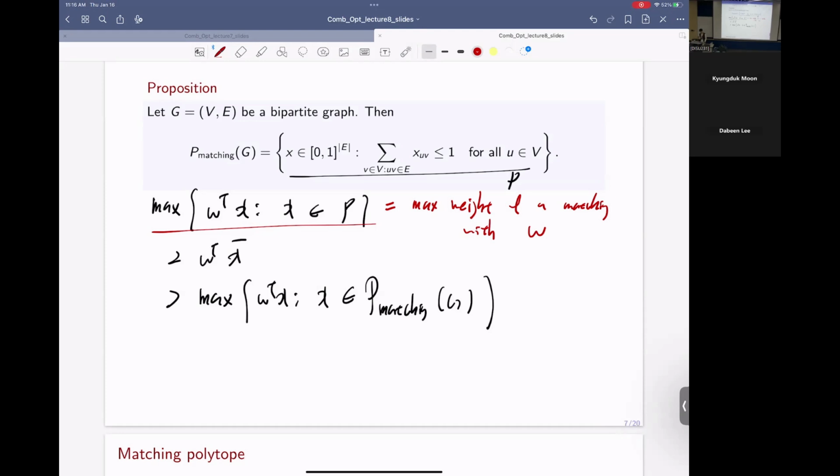It's enough to solve a linear LP relaxation, and that computes the maximum weight of a matching. Well, this one itself is also equal to the maximum weight of a matching.